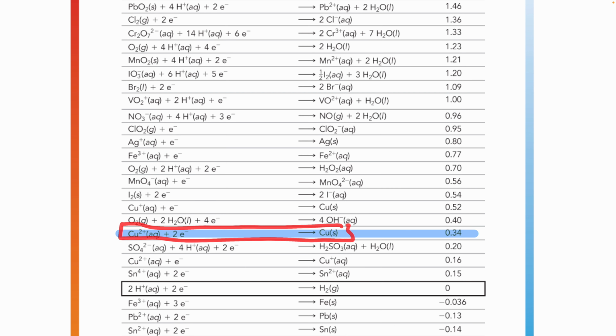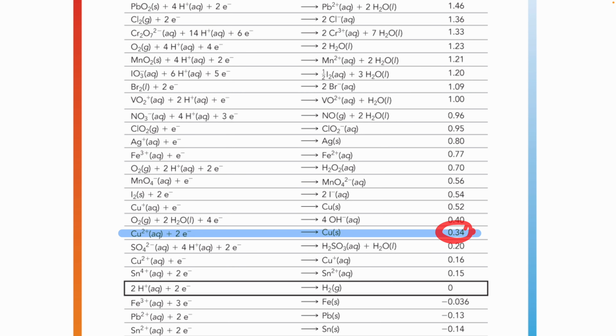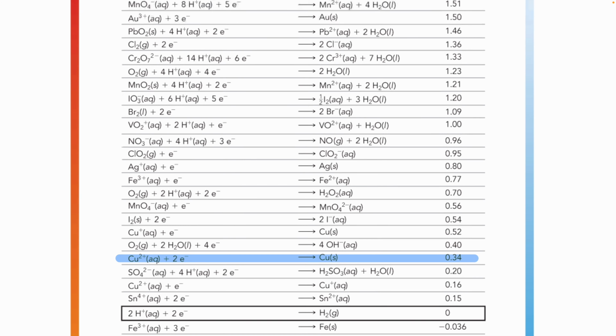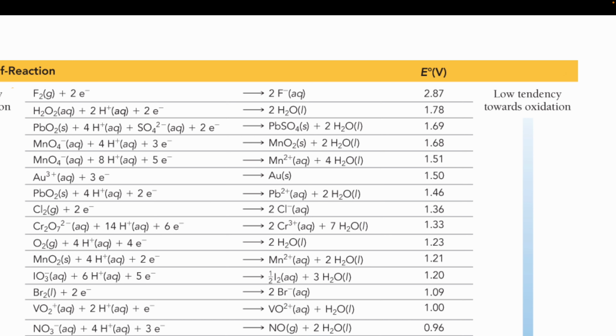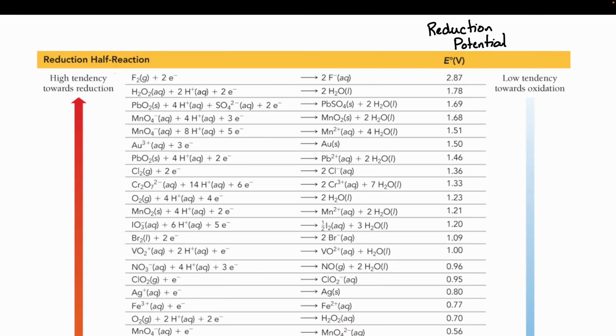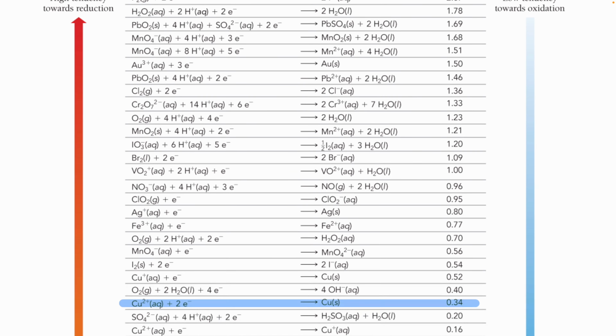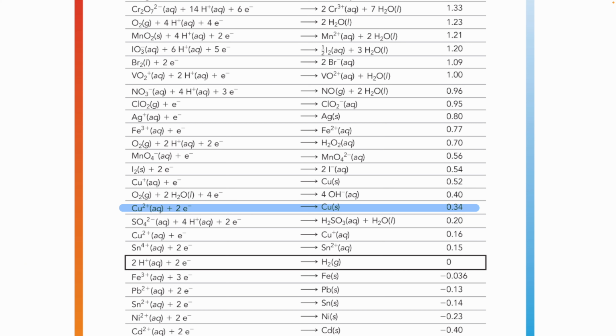This was our reduction reaction in our example battery, and we see that there's this value associated with it. This is what we call our standard potential, our reduction potential, or just potential. Copper has this reduction potential of 0.34 volts.